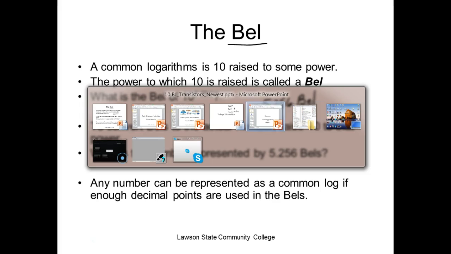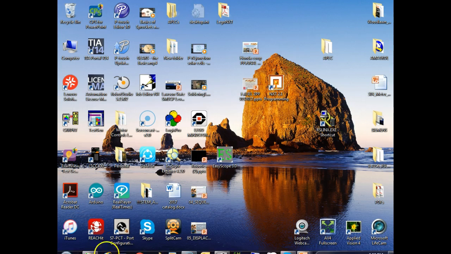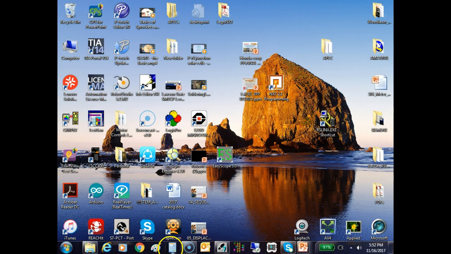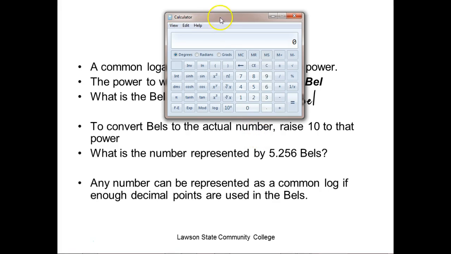Well, what we find out is we use logarithms so often. When I come up here and look at my calculator, it might be the same key, or the same key shifted, or it might be a key right beside log.